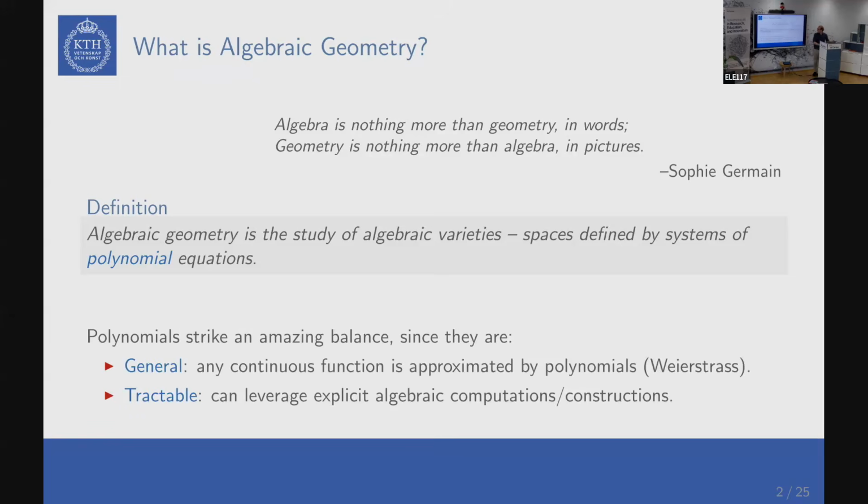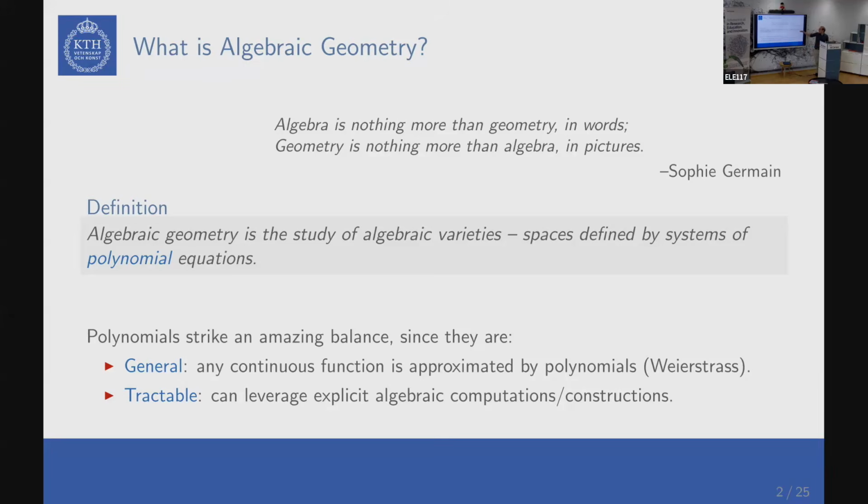This sounds quite special, but actually I would like to reflect on the fact that polynomials strike an amazing balance. First of all, they are general. If a system of polynomial equations sounds restrictive to you, think of the fact that any continuous function, at least locally, can be approximated by polynomials. So this type of space captures essentially any kind of space you can think of, up to an approximation.